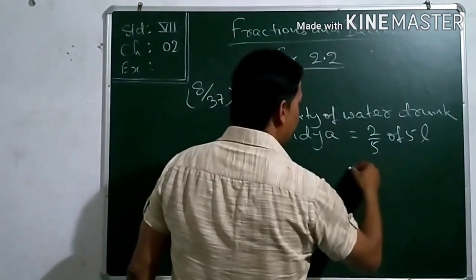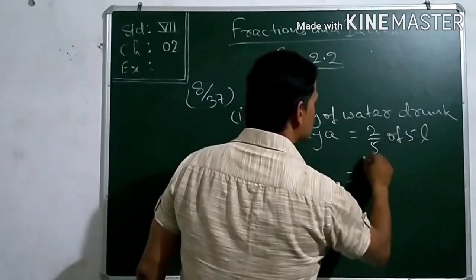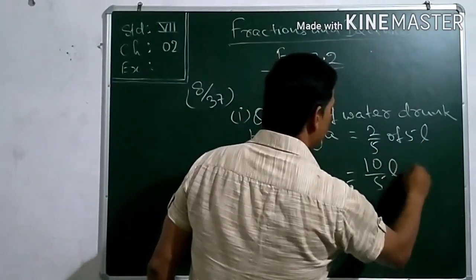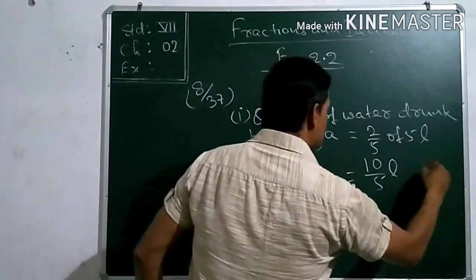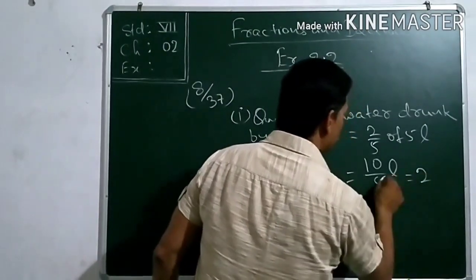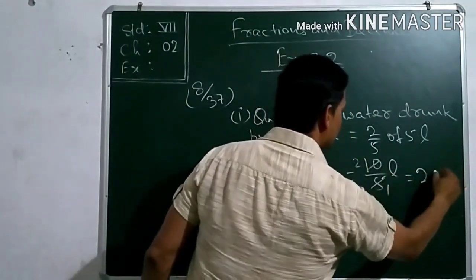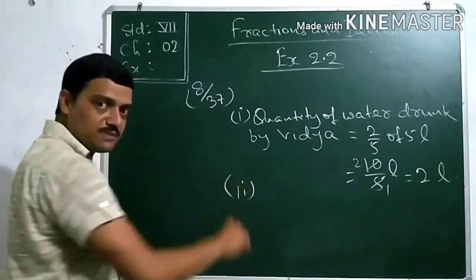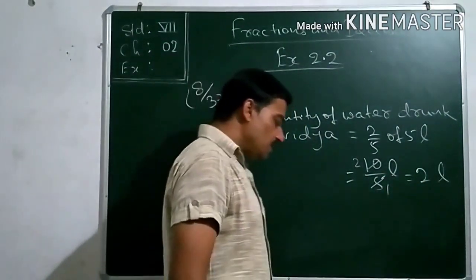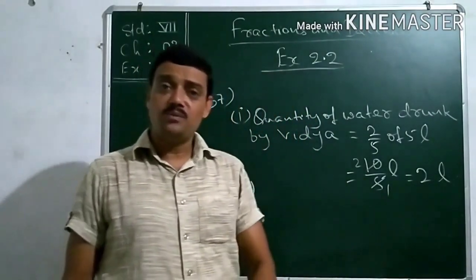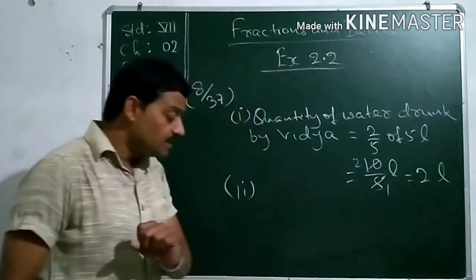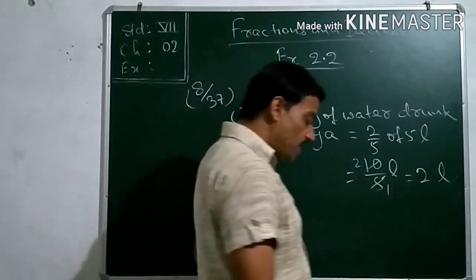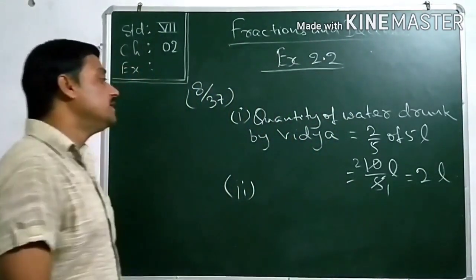You will find out 10 by 5 liters, and this will be equal to 2 liters, as 5 1s are 5, 5 2s are 10. And in the second part, it has been asked, what fraction of total quantity of water did Pratap drink?